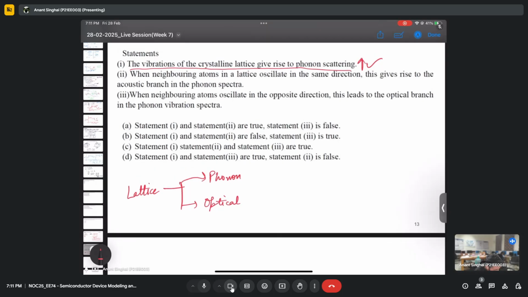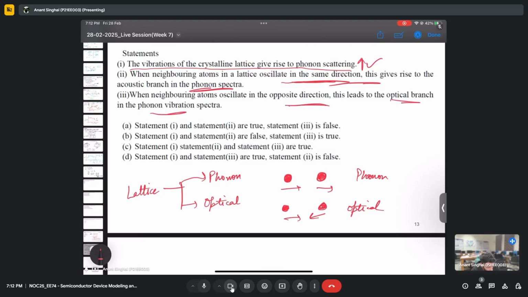When the neighboring atoms in a lattice oscillate in the same direction, it is acoustic, and when they oscillate in different directions, it is optical. So this is right. All the statements are correct here.